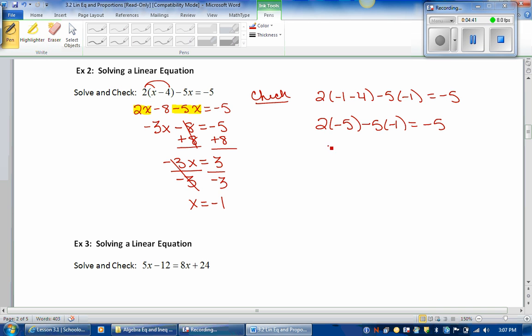Now we do the multiplication. Negative 10. Negative 5 times negative 1 is a positive 5. Went a little crazy there, sorry. And negative 10 plus positive 5 is negative 5. So that checks. All right, let's keep going.